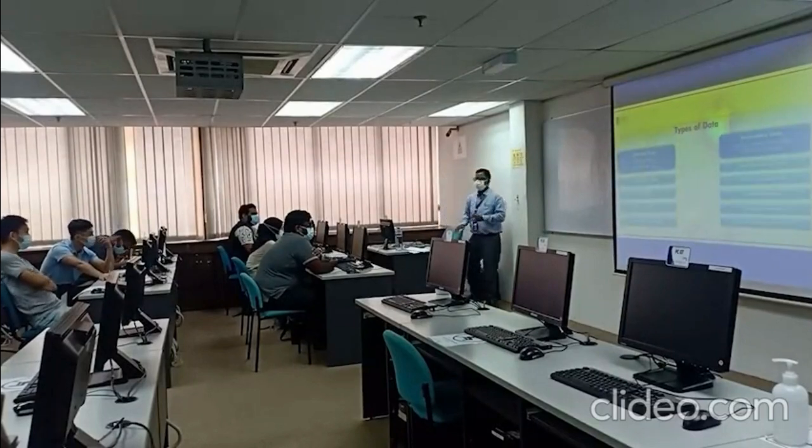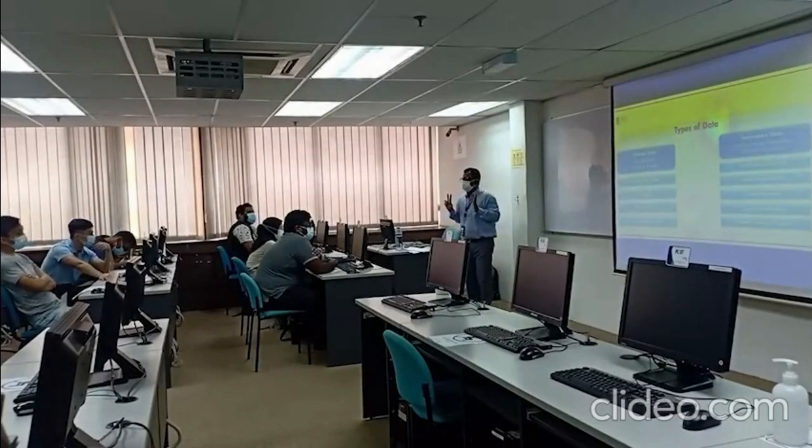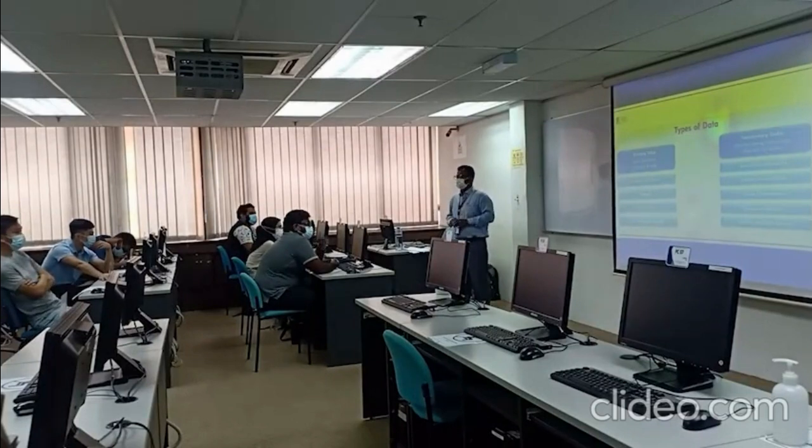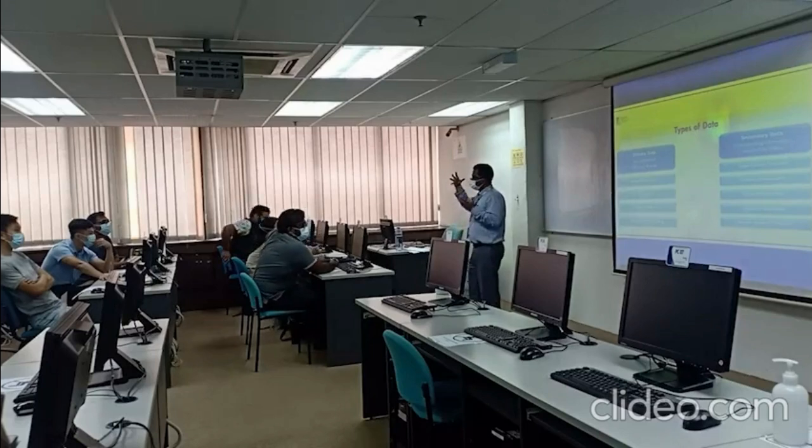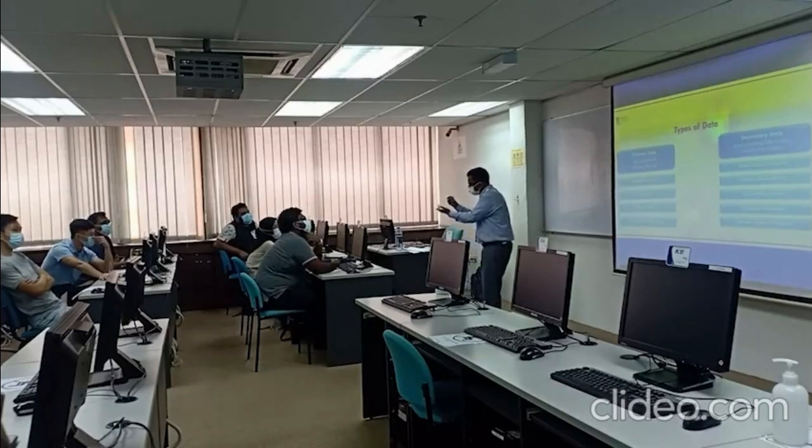Then, two other types of data are there. Primary data, secondary data. What is the difference between primary data and secondary data? Yeah, data collected directly by the researcher. You are going to a place and you are collecting data directly.